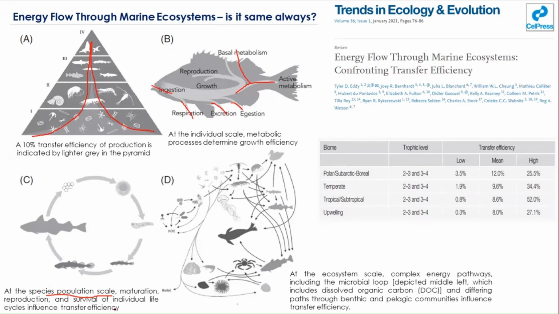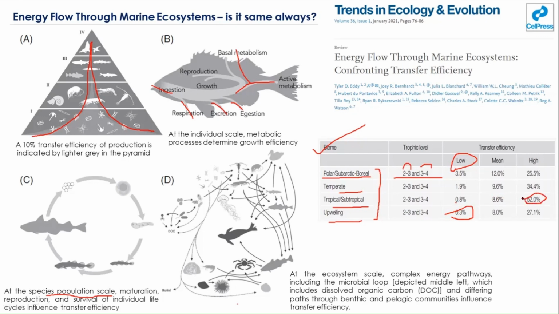So based on the modeling, though this study also requires a lot of further studies, based on what they have summarized, in different oceanic biomes, for example the polar or subarctic biome, the temperate region, the tropical and subtropical region, and the places where upwelling is happening, between the second to third trophic level and third to fourth trophic level, there is a variation in the energy transfer efficiency, and it ranges from, let's say, 0.3 percent to the highest in the tropics, 52 percent.